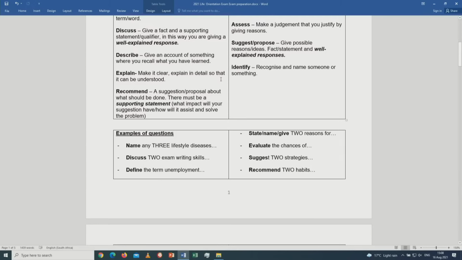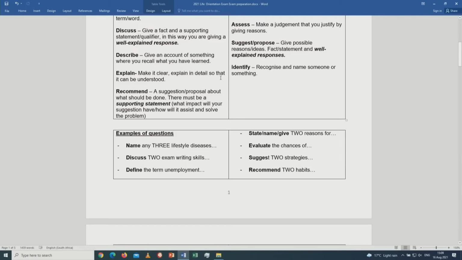Same with explain. Make it clear. The fact that you are asked to explain is saying to you the response must be in such a way that there are no further questions after the statement and the qualifier you have given. That way you'll know that you have explained.